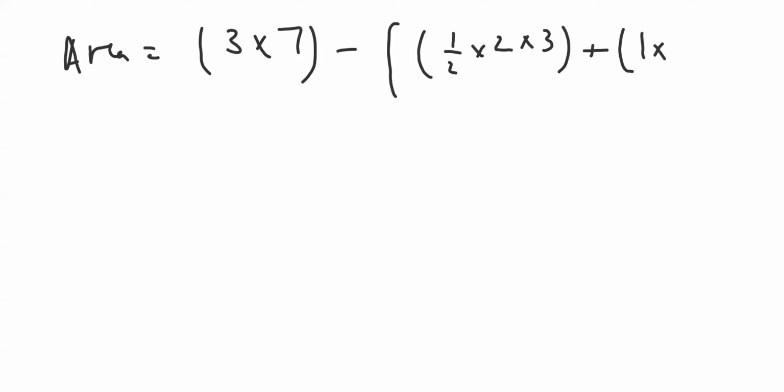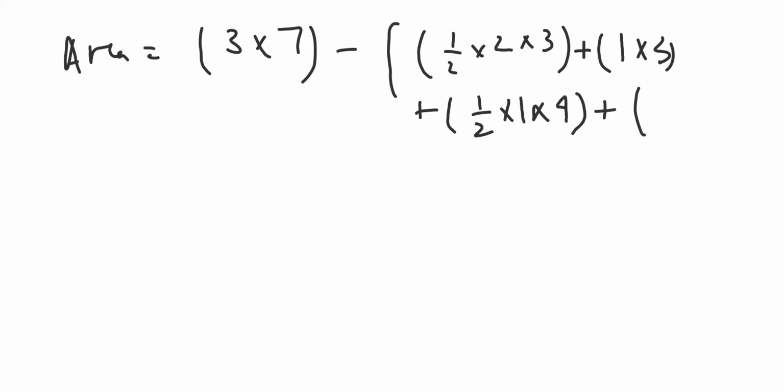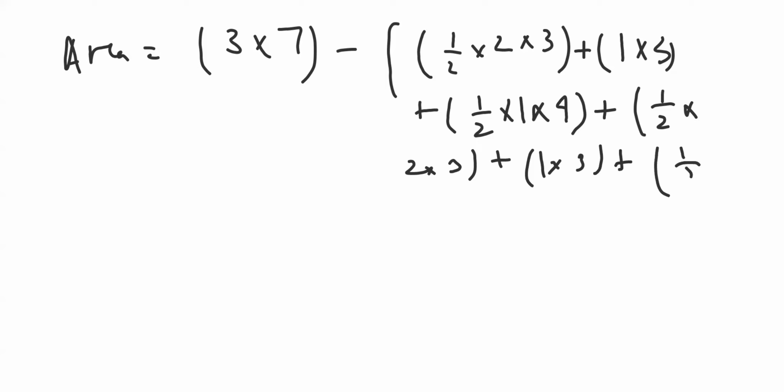And then after that we have another triangle, that is 1 by 2 into 1 into 4. Then we get another triangle that is 1 by 2 into 2 into 3, and you get another rectangle that is 1 into 3, and then you get another triangle that is half into 1 into 4.